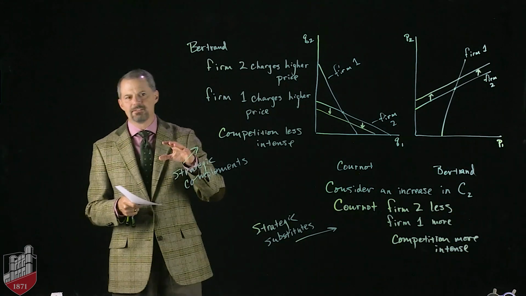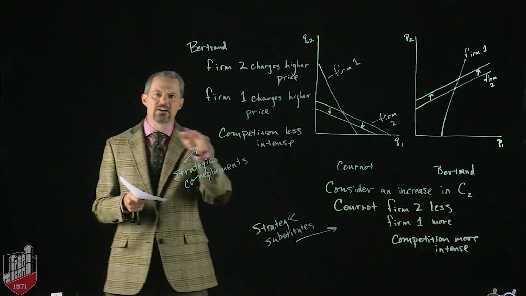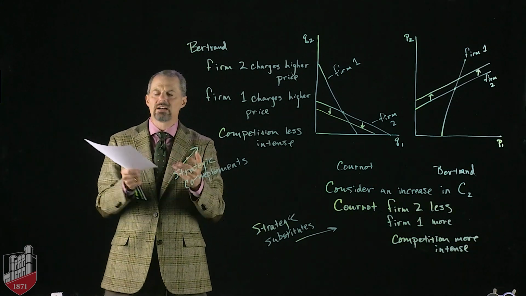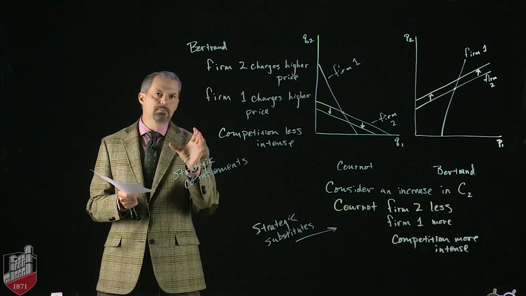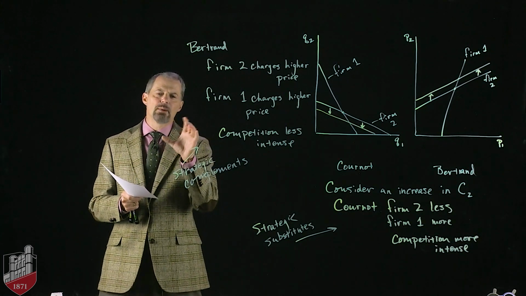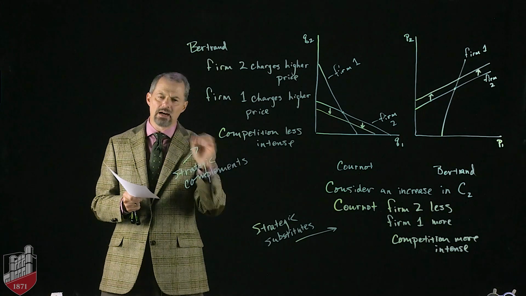On the other hand, if quantities can be adjusted very rapidly, so if we're talking about service industries, then it's usually more natural to think about firms competing in terms of price.